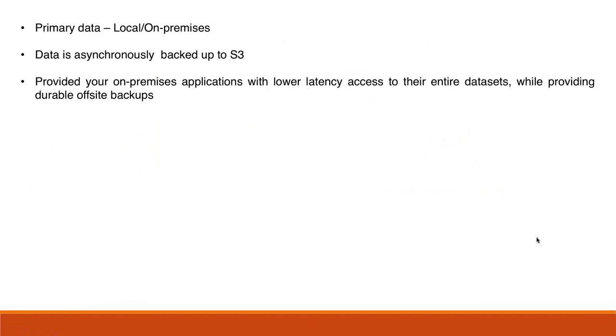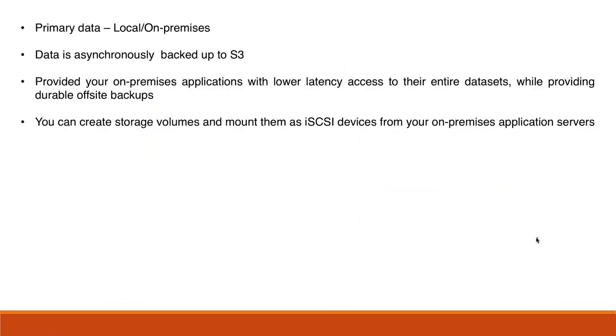The data is asynchronously backed up to S3. It provides on-premises applications with low latency access to the entire data sets while providing durable off-site backups. You can create the storage volumes and mount them as iSCSI devices from your on-premises application servers.